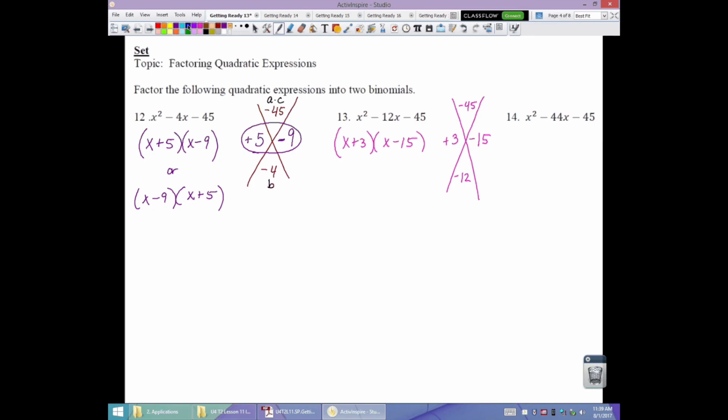And number 14. This time, we again are looking for negative 45 as our product, but we want a sum of negative 44. So what two factors of 45 are different by 44? And that would be positive 1 and negative 45.